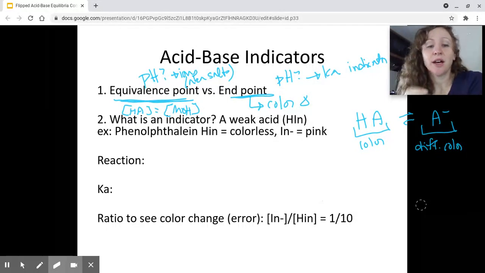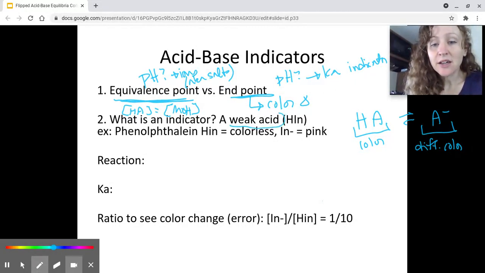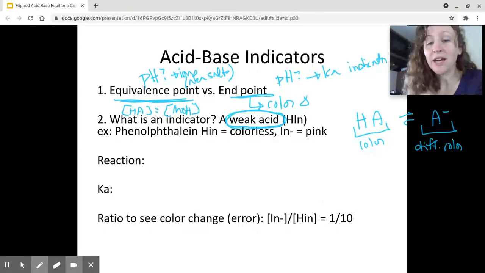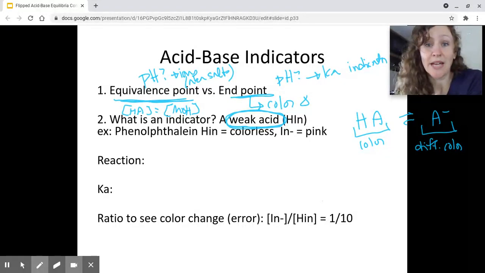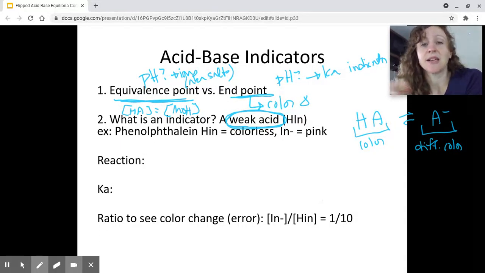Now, indicators are going to be really weak acids because we don't want them to be stronger than the thing we are titrating, right? If the indicator was a stronger acid than the substance we were working with, then the indicator would react instead of the substance we were working with. So it really does have to be a very weak acid so that it doesn't get in the way of the reaction we're studying.